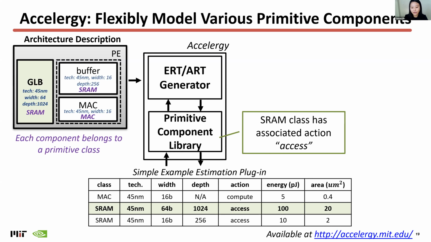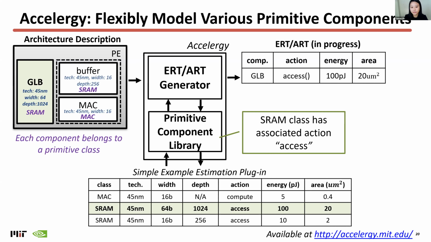Usually we will have multiple of these estimation plugins, and Accelergy will pick the most accurate energy estimation plugin to perform this estimation. With the result returned back to the energy reference table generator, Accelergy will populate an entry related to this component in the energy reference table.